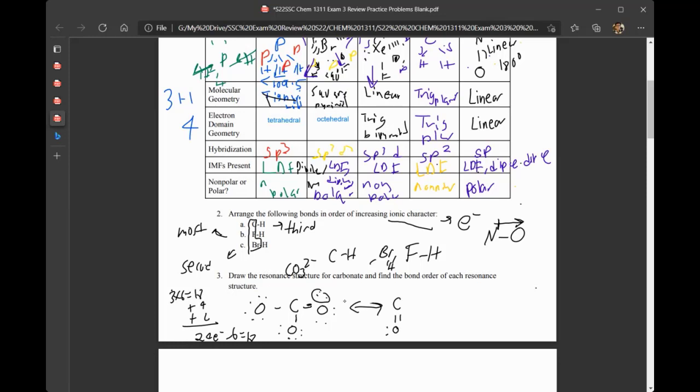So the double bond can go at the bottom, and then here, like that, and then we do C double bond O here. And that's a 2 minus, and that's a 2 minus, and that's a 2 minus.